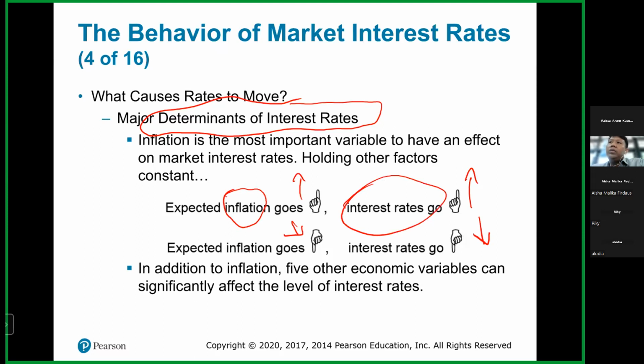When you want to invest in a bond, you see the interest rate, and you try to evaluate the price of that bond based on the market interest rate.